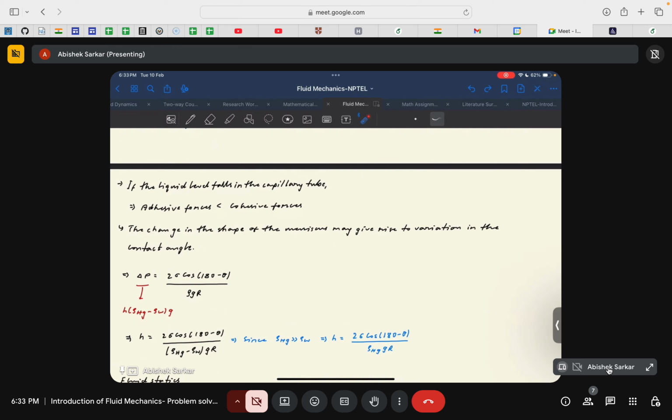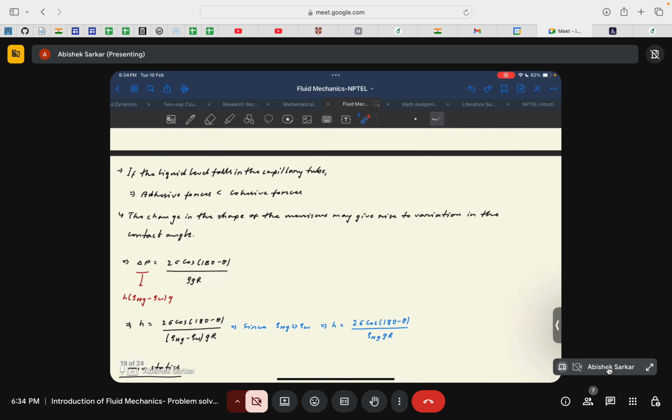For example, even in the case of water, if water is put on a surface that is hydrophobic, where it does not interact with water, then we can essentially say that this expression is valid, where the adhesive forces between the surface of the capillary tube and the liquid are lesser than the cohesive forces between the liquid molecules. In these scenarios, I will keep one parameter the same, that is, we are considering glass as our surface for the capillary tube. These scenarios arise when we change the liquid from water to mercury.